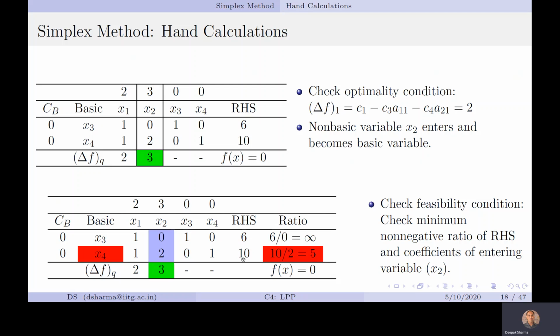For the second, 10 divided by 2 is 5. From this, you can make out that the minimum non-negative ratio is 5, meaning that x4 should leave. So x2 is going to enter and x4 is going to leave this table.